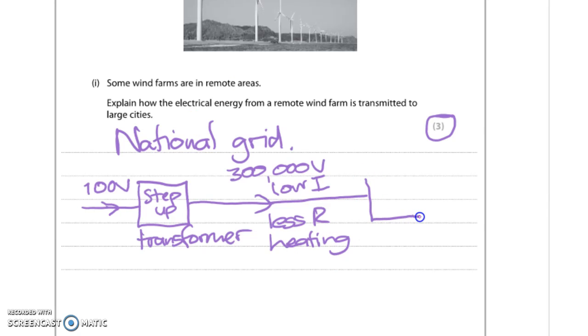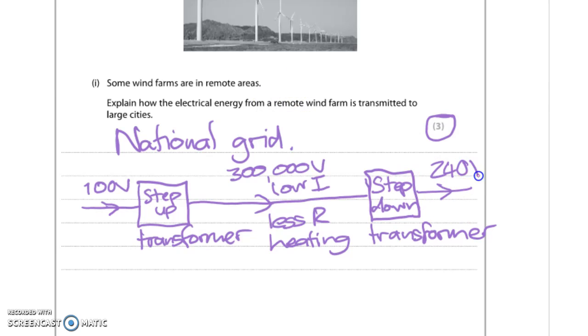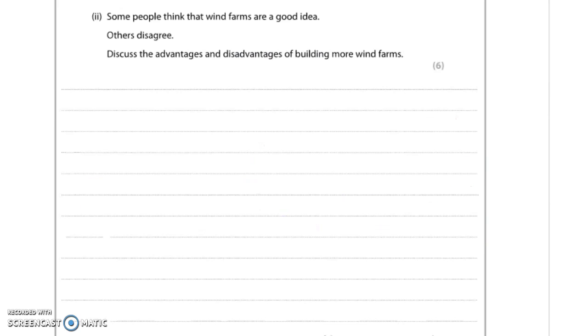But 300,000 volts isn't very safe for domestic users to use. So then the next thing that you need at the other end is a step-down transformer to get it down to a safe voltage for domestic usage, which in the UK and Thailand is about 240 volts.